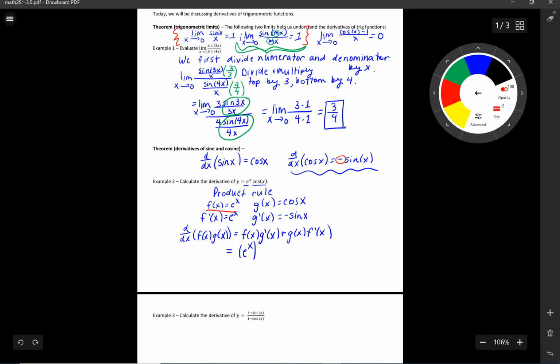That's this guy. G prime is equal to negative sine of x. And then I have plus g of x, which was cosine of x, times f prime.